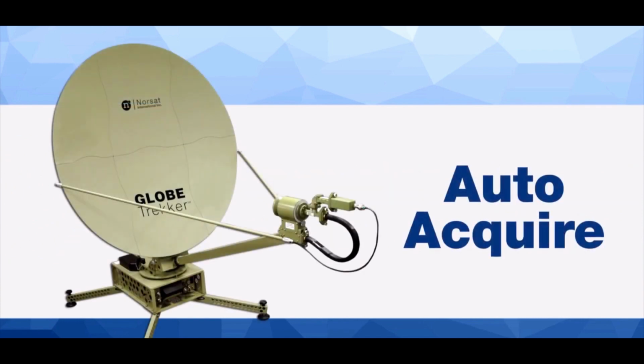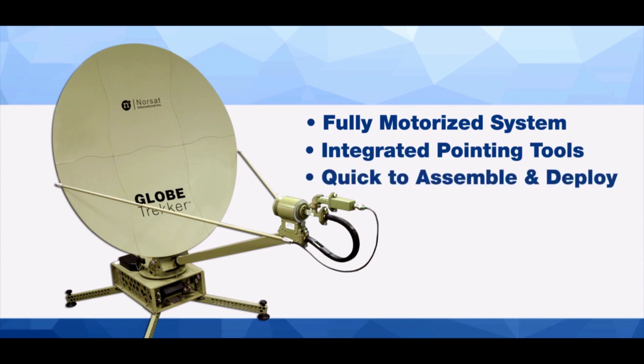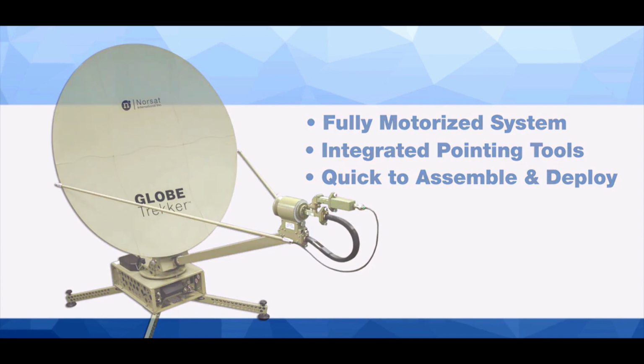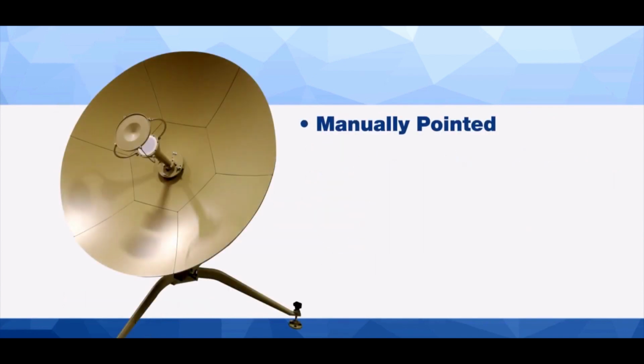An auto-acquire terminal is a fully motorized system and uses integrated pointing tools to acquire the satellite and peak the signal. The benefit of an auto-acquire system is that it is very quick to assemble and deploy. Assisted acquire terminals are manually pointed by the operator.